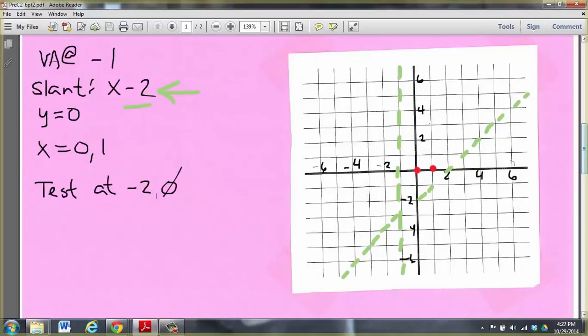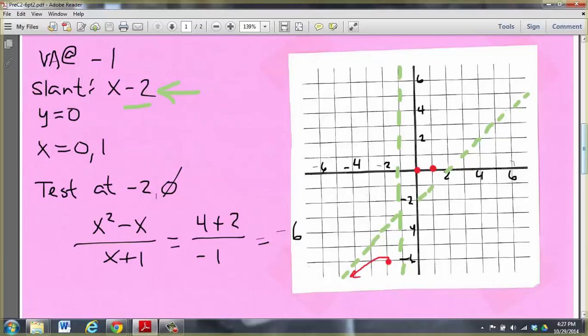But at -2, we would get 4 plus 2 over a -1, which is a -6. So our next point is going to be right here. And that's good enough to let us know that our graph is going to look like that.